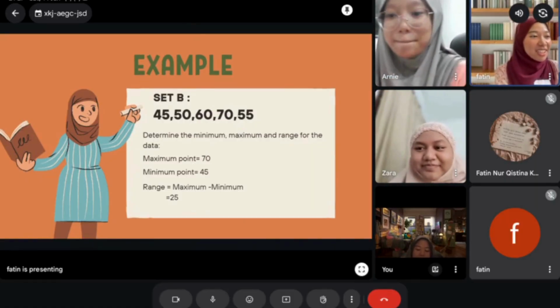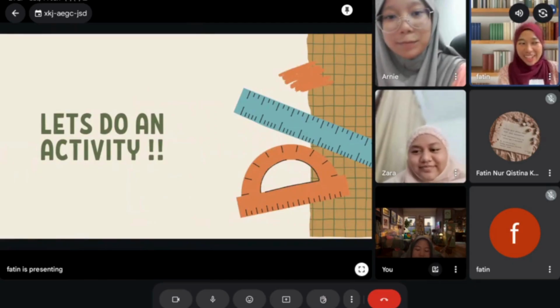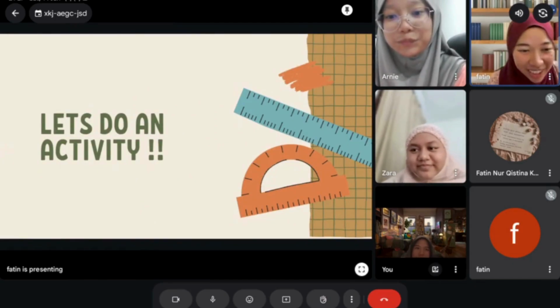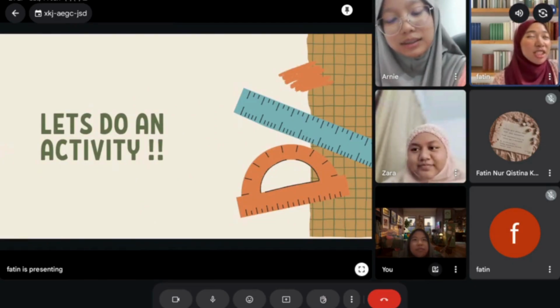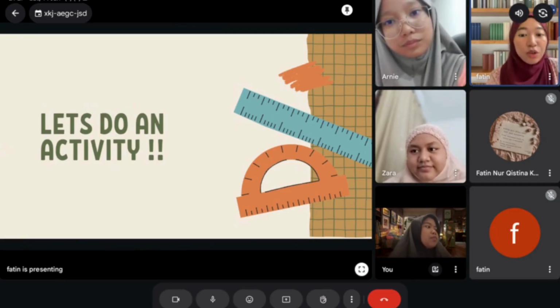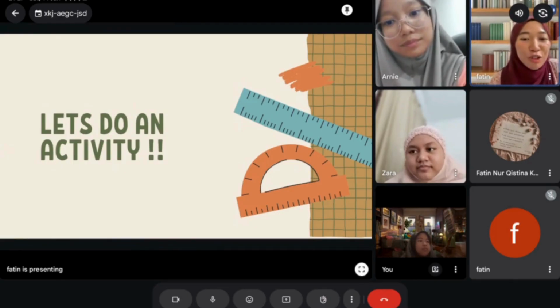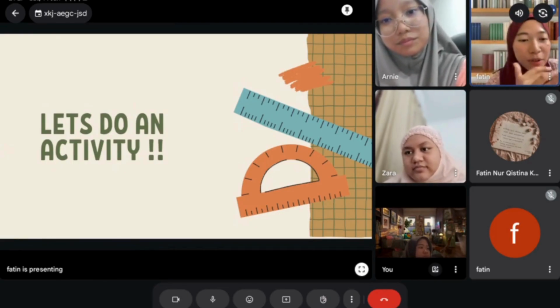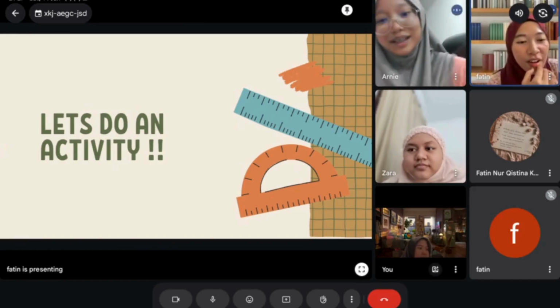25. So next, let's do some activities. Basically, this activity's name is race chart. So this activity is very easy. Have you ever heard about this activity before?